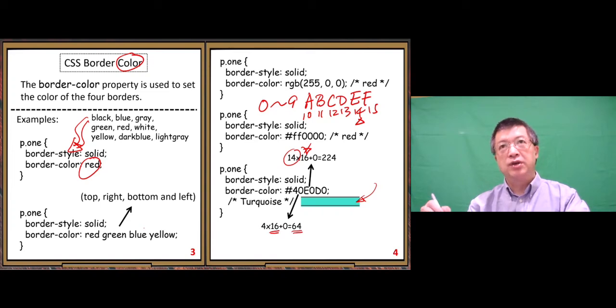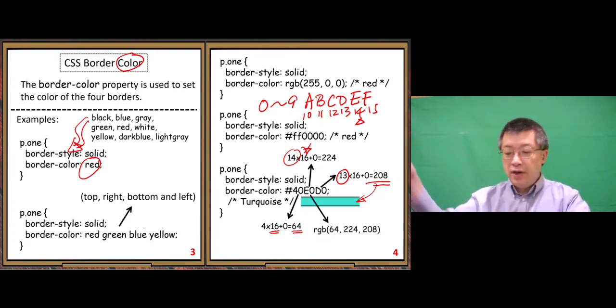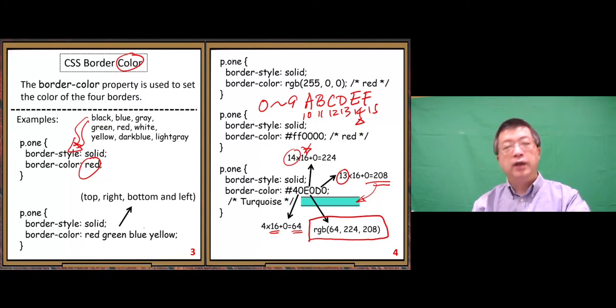So we get this 224 value. Okay? Third component D corresponds to 13 times 16 plus the single digit number. We get 208. So you put these three numbers together, so we get RGB value 64, 224, and 208. Yeah. So that's how we do the conversion.